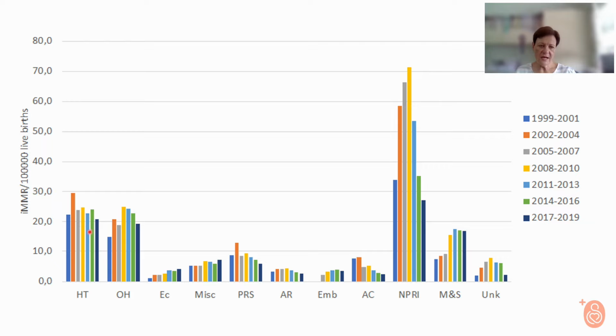It should have gone down. You can see the maternal death caused by hypertension is slightly higher than that by obstetric hemorrhages. So this is the second highest reason for maternal deaths in South Africa, and obstetric hemorrhage is the third highest reason.